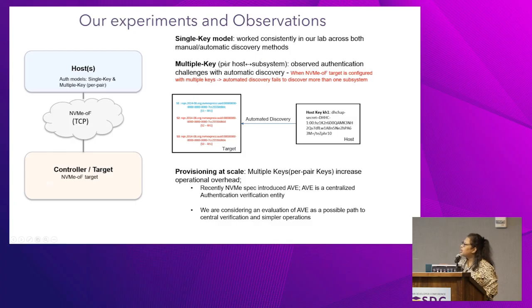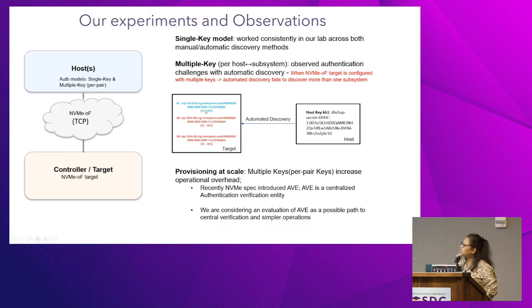going through. Same thing we tried on automated discovery, NVMe stas, and in automated discovery also, we found that when we configure multiple keys, so say this is our setup where we have a target having multiple subsystems configured with multiple keys, and there is this host which is configured with automated discovery.